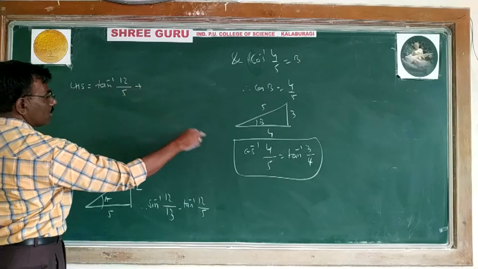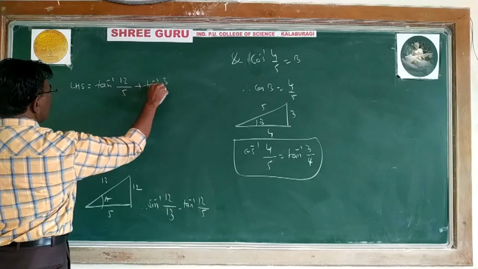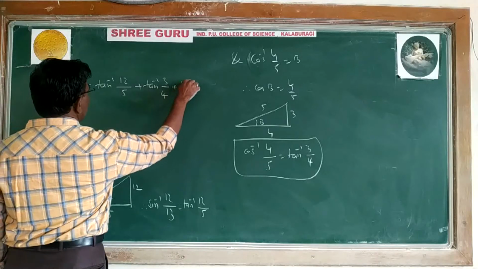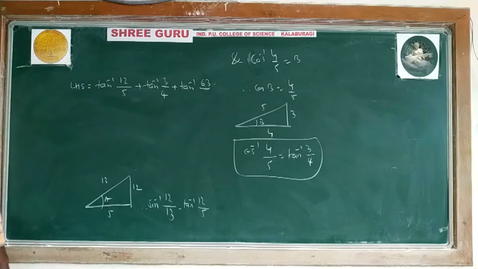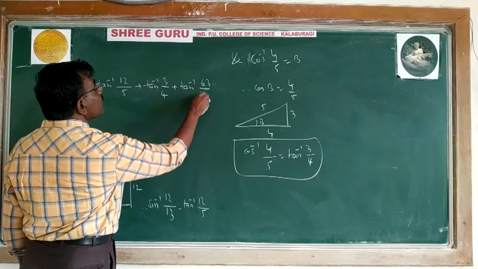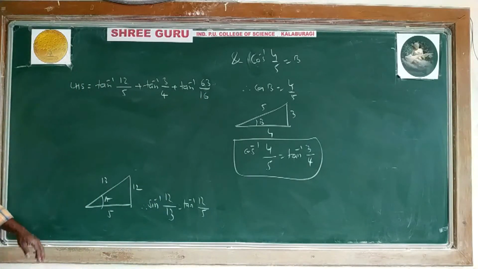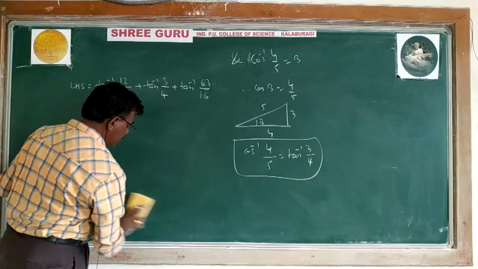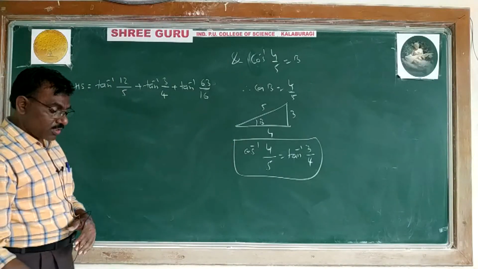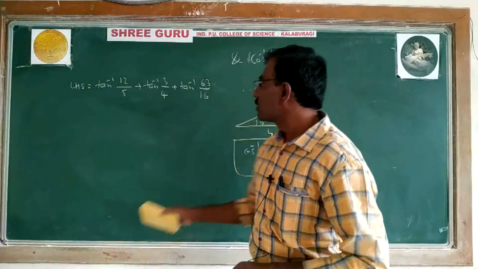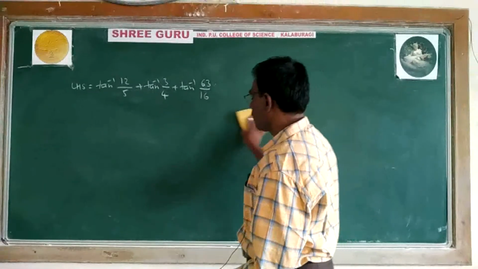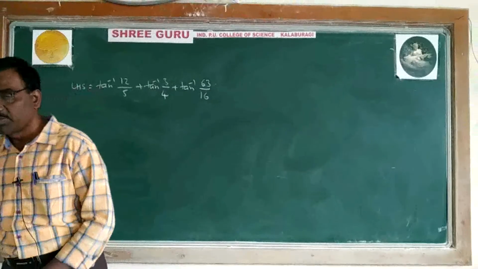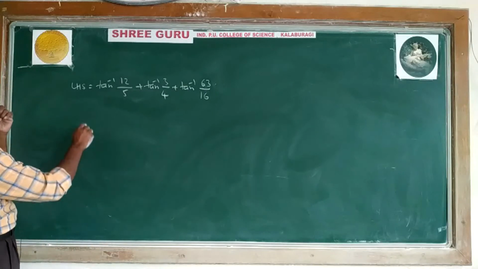The next is tan inverse of 3 by 4, plus tan inverse of 63 by 16. So the first one is tan inverse of 12 by 5, the second is tan inverse of 3 by 4, and the third is tan inverse of 63 by 16. But the answer is not pi by 4, it is pi only. So this is very important.